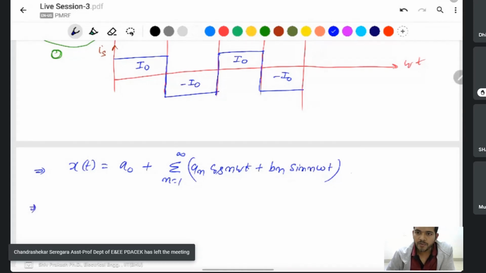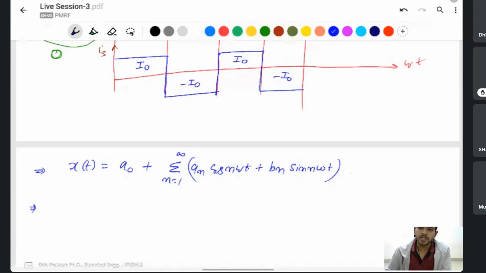But we also know about half wave symmetry and symmetrical waveforms, odd and even. Yes, sir, it is an odd waveform.